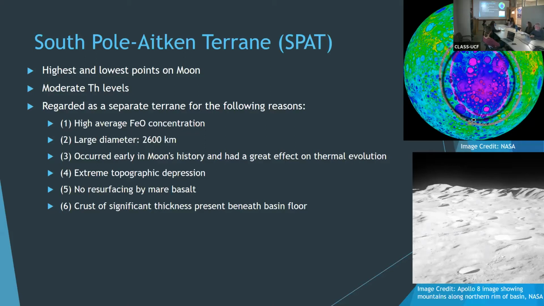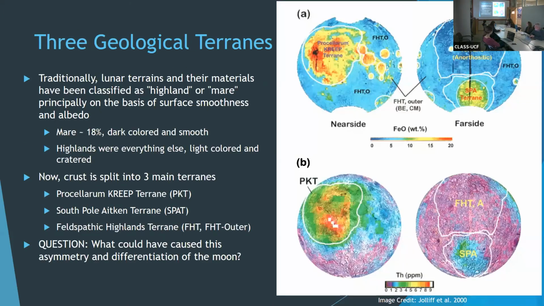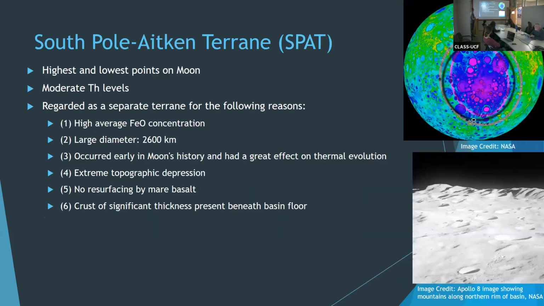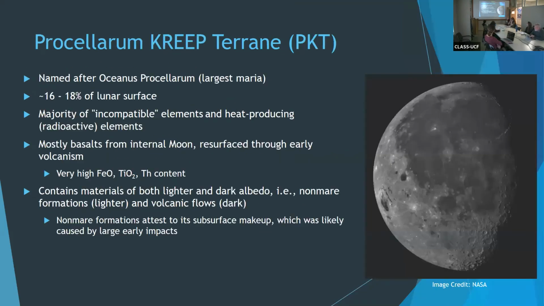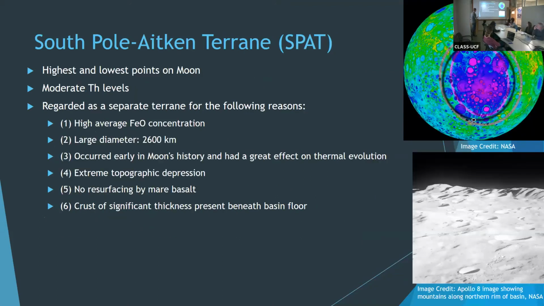It has moderate levels of thorium, as can be seen from this image down here. Not as much as the PKT, but definitely more than the Highland terrain, about 7 to 14 weight percent. And again, Jolliff et al. classified this as a separate terrain based on these six reasons. First, its high average iron concentration relative to the non-mare lunar crust.